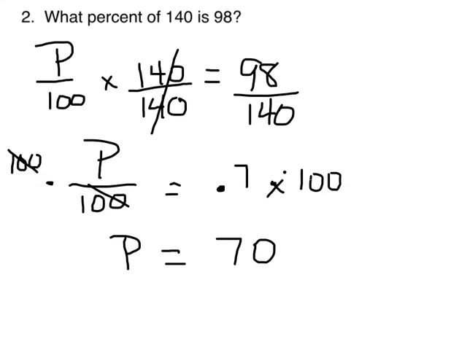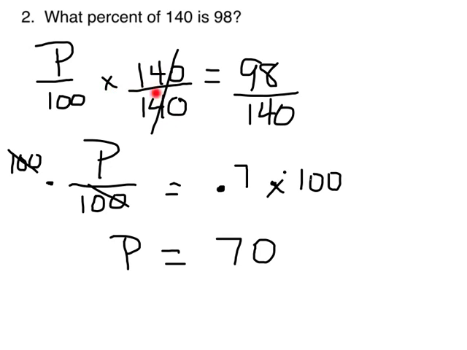Alright, this problem says what percent of 140 is 98. So if you pay careful attention to the wording in the problems, what percent per 100 of 140 is 98? Alright, well, the first thing I'm going to do is get rid of this 140.